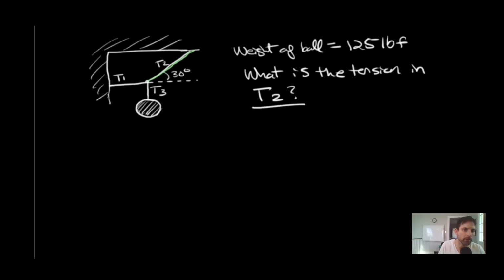Okay, here is the way you always approach these problems. We already know that this is hanging here and it's still. It's not falling, it's not swinging, it's not lifting, it's hanging there still. Because of that, we know this ball is in static equilibrium.